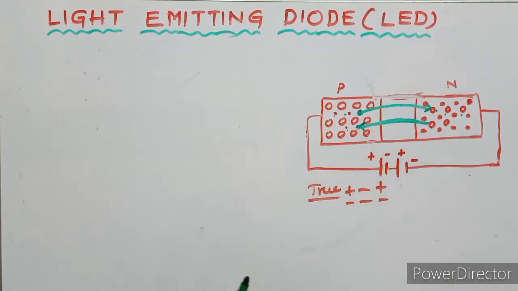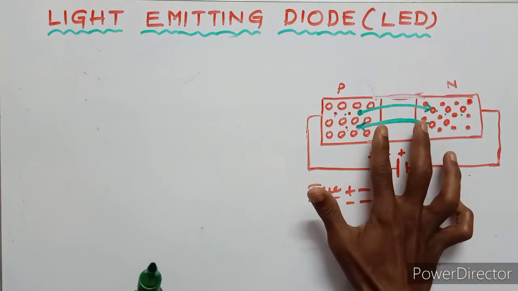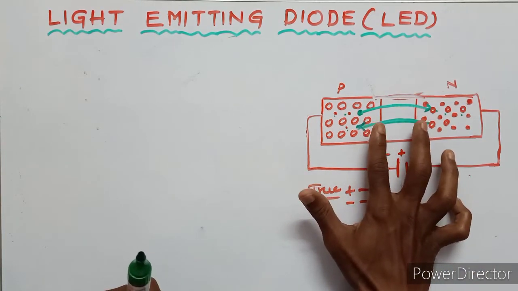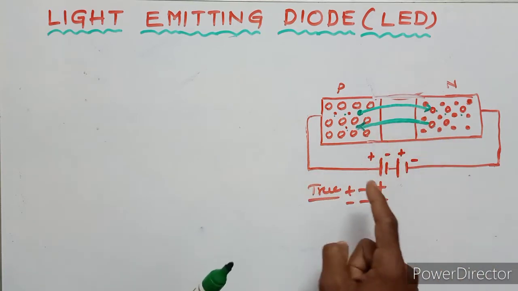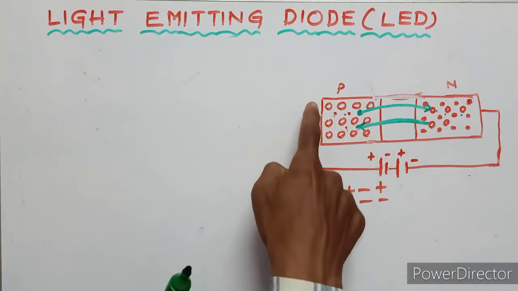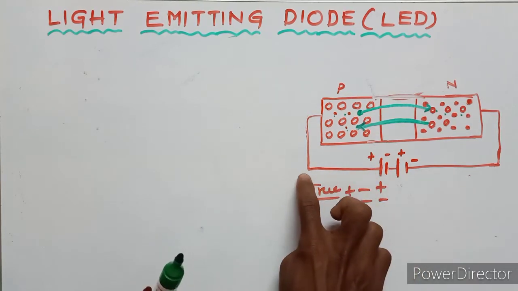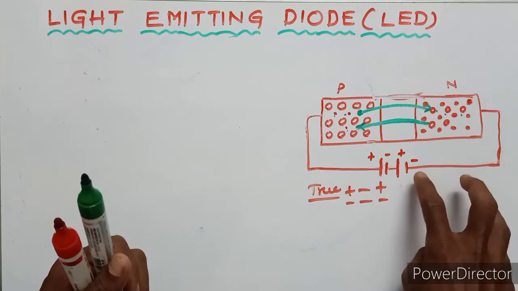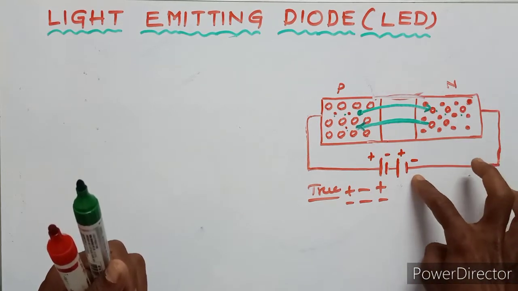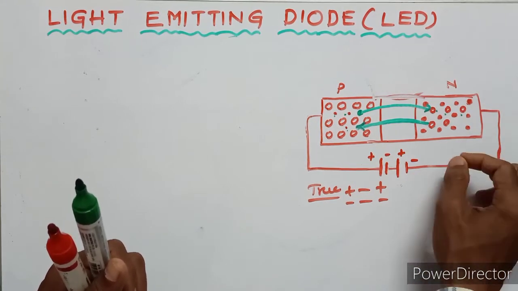Thus this depletion layer decreases, because this is the p type of semiconductor, this is the positive terminal, positive repulsive. This is the n type of semiconductor, this is the negative terminal, negative repulsive.